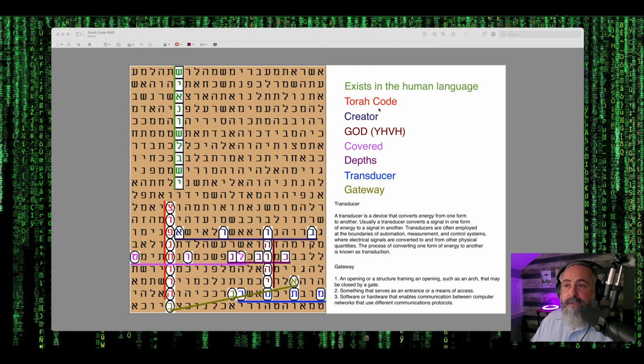And the fact that the Torah Code exists in the human language further adds to that meaning, that it is in the numbers, it's in the math.